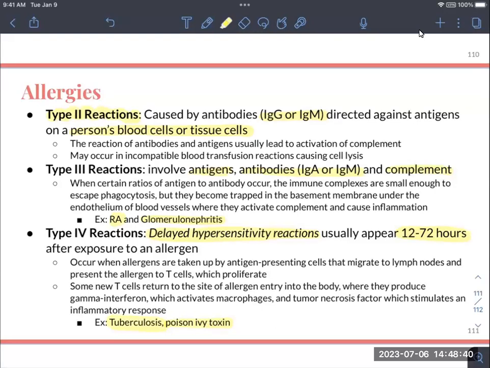Some people can have these delayed reactions to food that they eat, or something topical they put on their skin. It can happen to a lot of different things, and people don't always put 2 and 2 together on these type 4 reactions because it could have been something that happened 3 days before that is actually causing this reaction to happen.